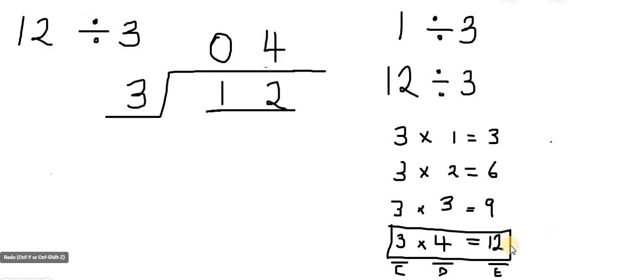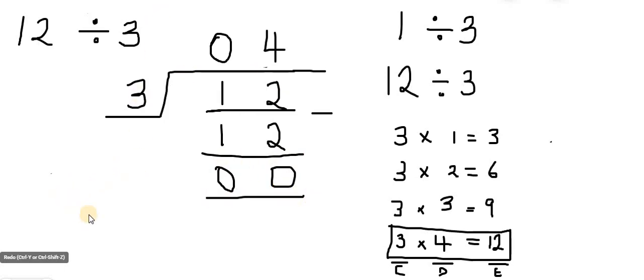So that's how many 3's in 12, that's 4 up there. Now to check how many remainders, we take the answer from column E, we put it down here, and we subtract. So when we subtract 12 minus 12, we get zeros. So that means we can stop.